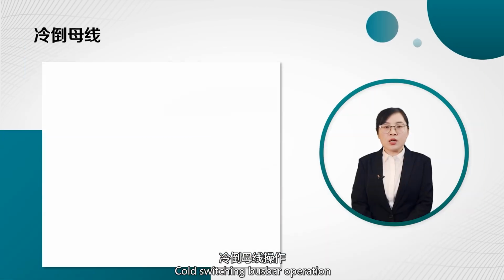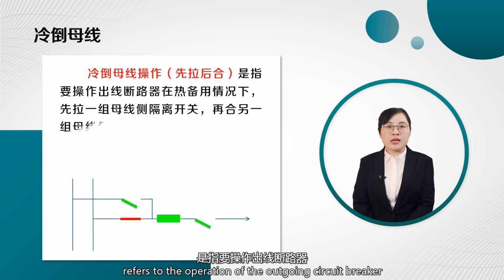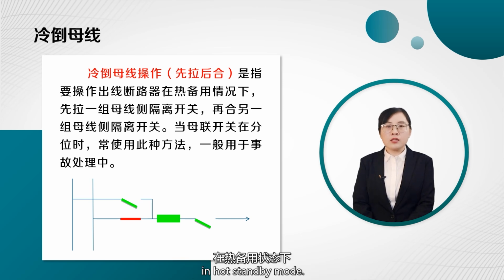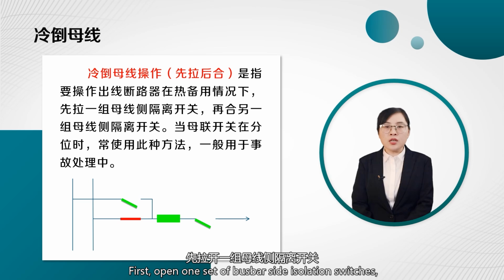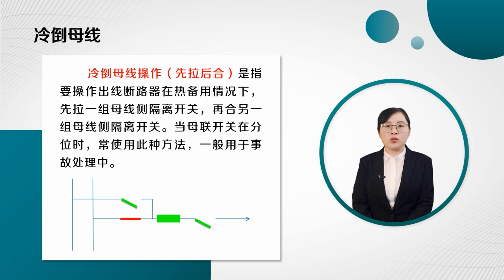Cold switching busbar operation refers to the operation of the outgoing circuit breaker in hot standby mode. First, open one set of busbar side isolation switches, and then close another set of busbar side isolation switches.